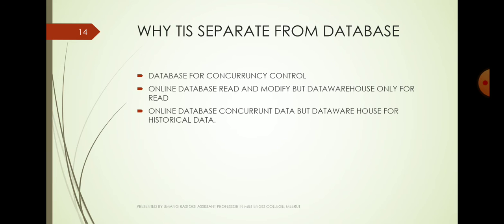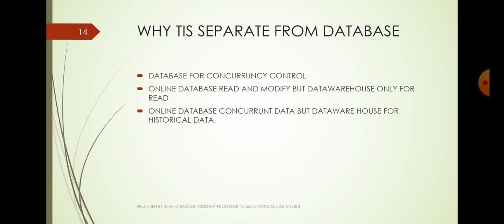As I told you before, data warehousing does not have frequent updating, but databases for concurrency control are permanently, constantly updated. Databases are well known and used for particular tasks, but a data warehouse is useful for complex things. Online databases read and modify, but a data warehouse is only for reading and analysis.